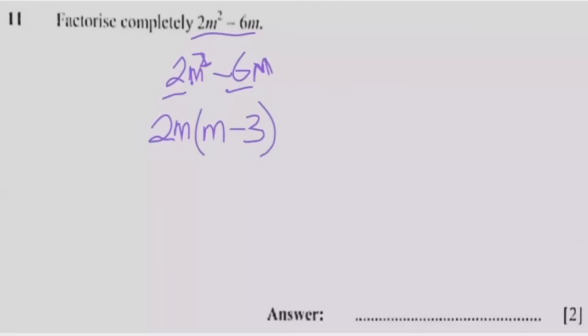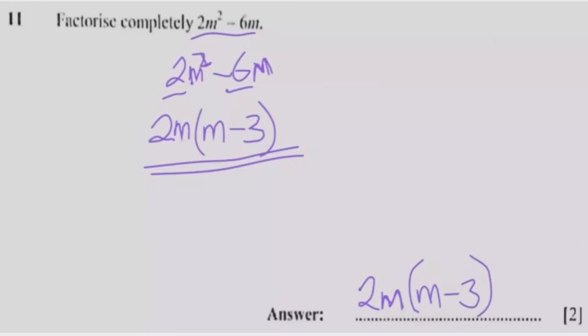Instead, we're going to close the brackets like that, and this is our final. So factorizing 2m squared minus 6m will give us 2m, open bracket, m minus 3, close bracket, like that.